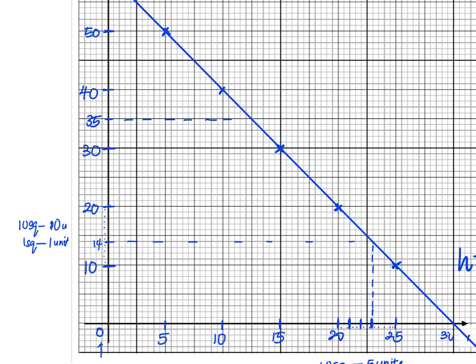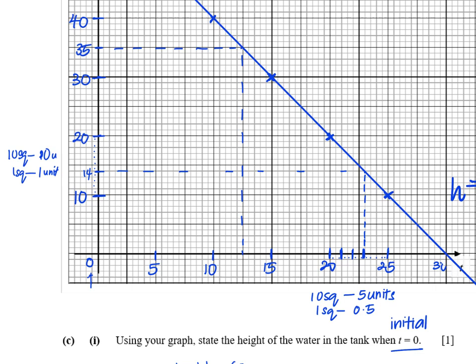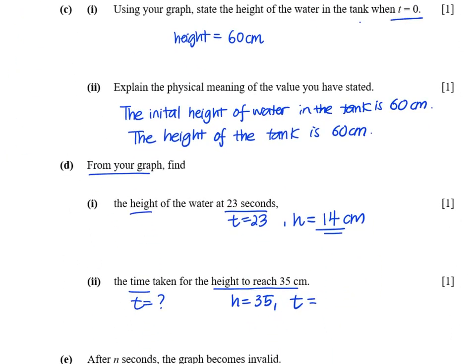Draw it in pencil, please. Here, 35 over here. And we'll read the time axis. This number here will be in the middle of 10 and 15. So this number will be 12.5. Okay, so we will have t equals 12.5 seconds.